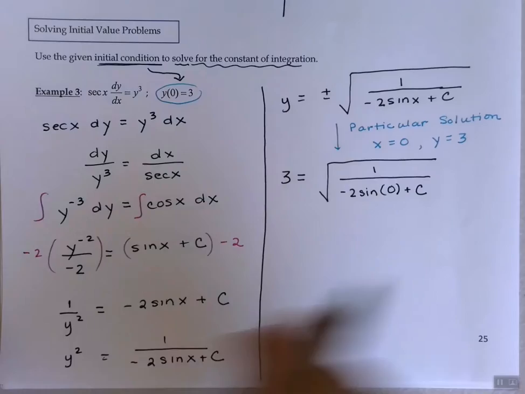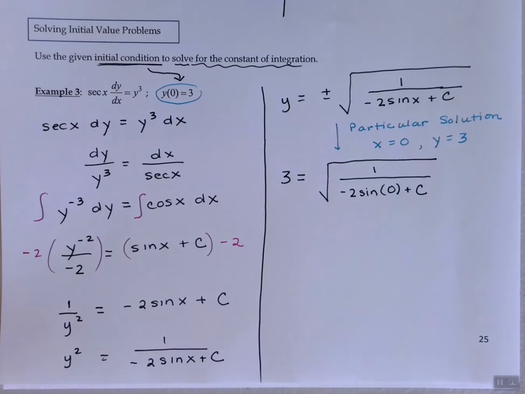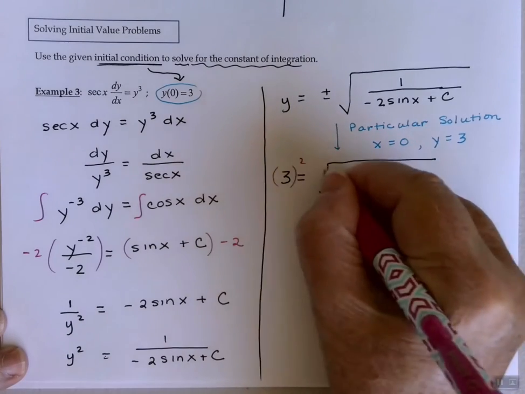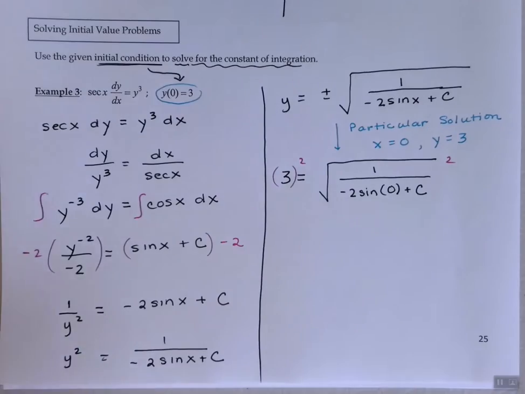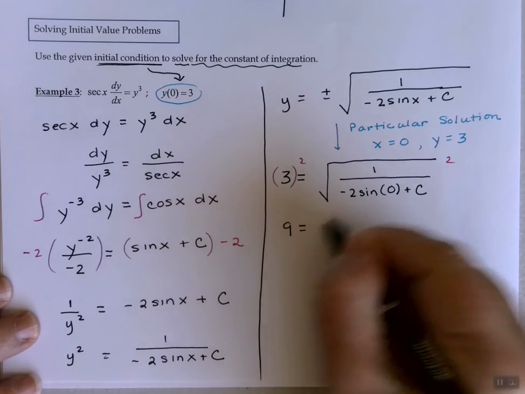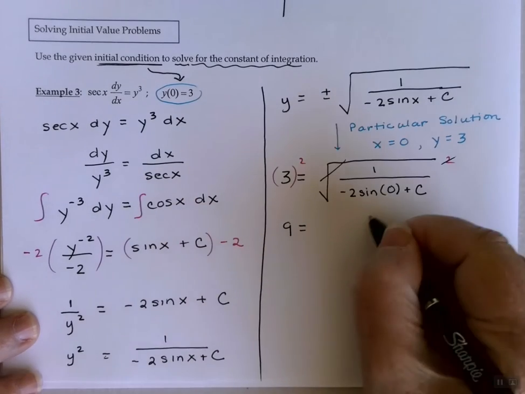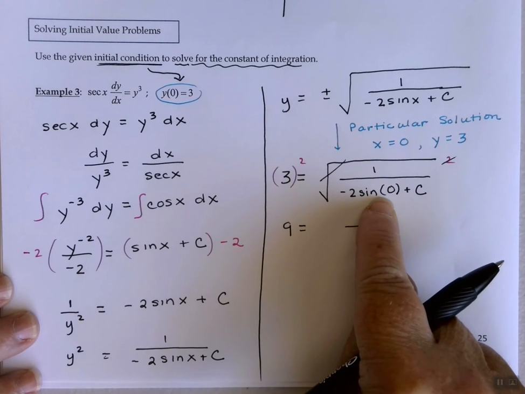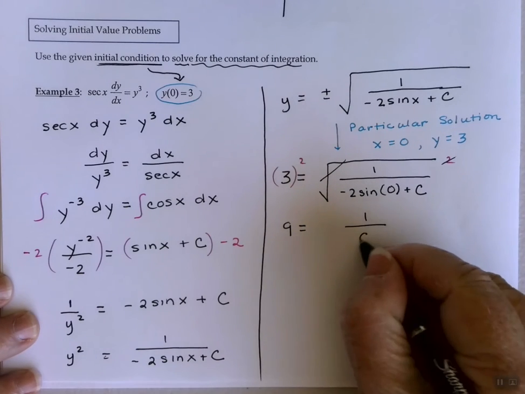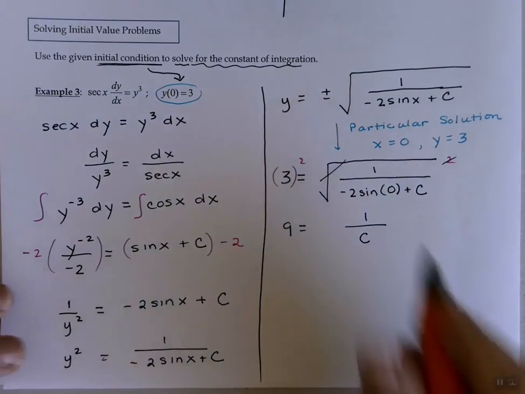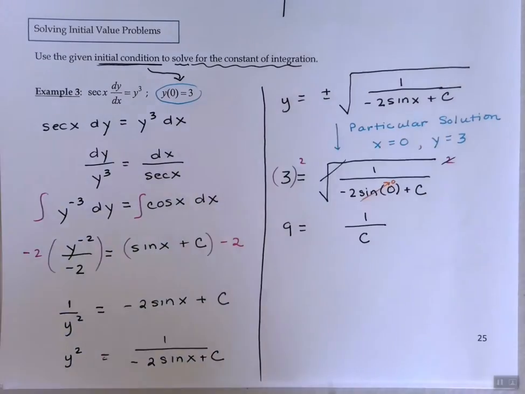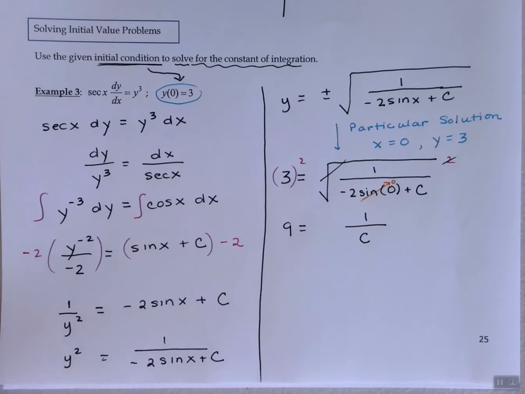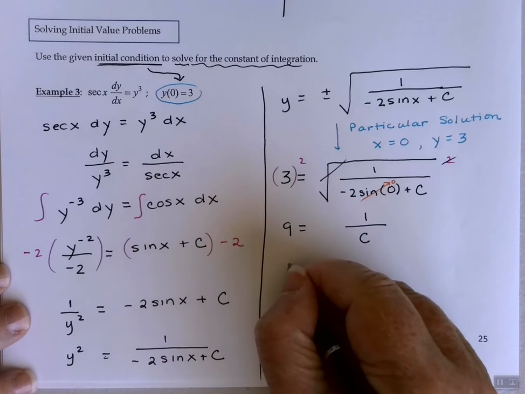I'm going to go ahead and square both sides here. So 9 equals, and that allows me to get rid of the square root, 1 over. Since sine 0 is 0, the only thing I really have in that denominator is c. Right? All right, so 9 is 1 over c.